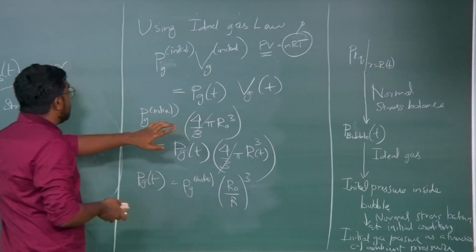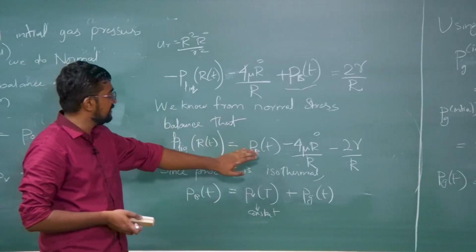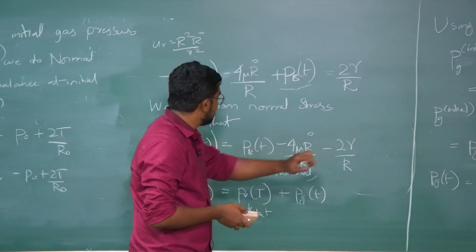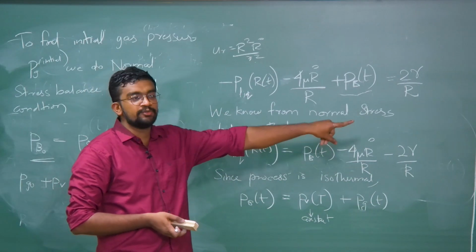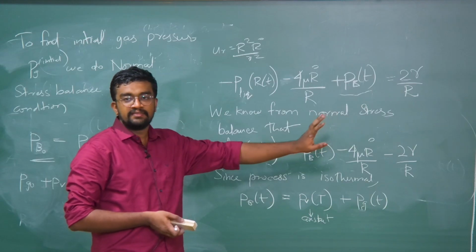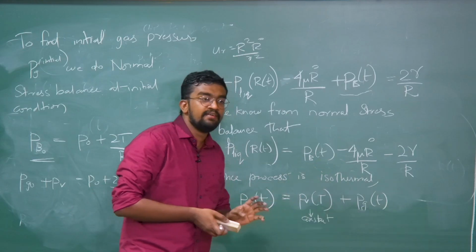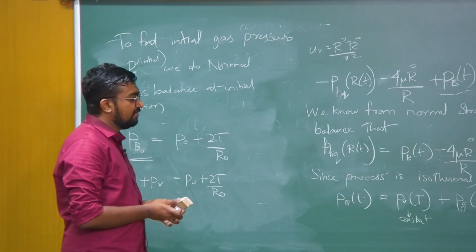We used normal stress balance again to find the pressure as a component of the pressure of the bubble at any given time. Then we related it with the initial pressure using the ideal gas law, and used normal stress balance at the initial condition to find the gas pressure as a function of initial gas pressure.